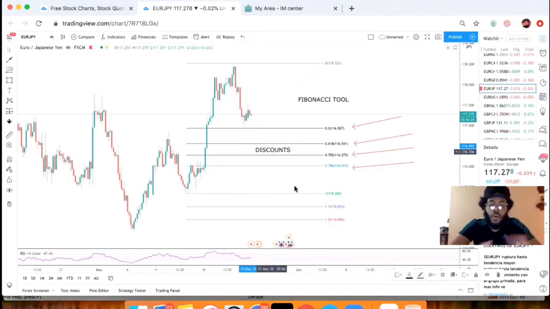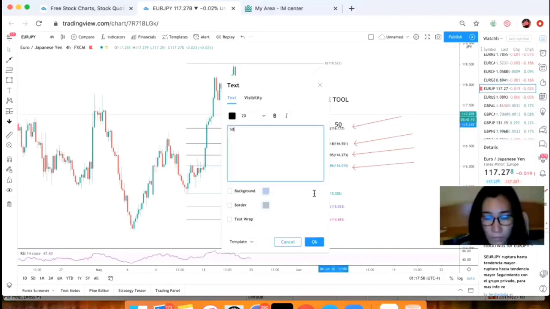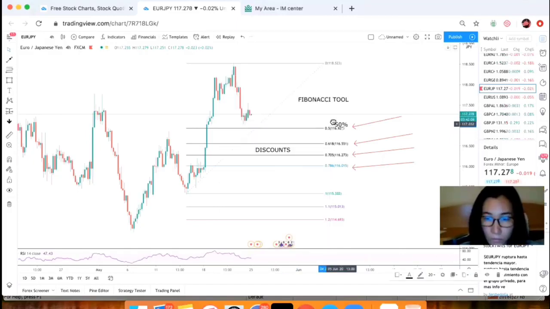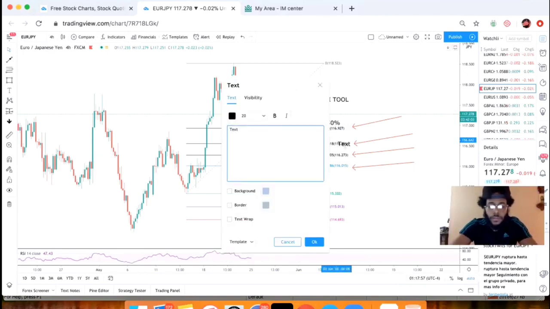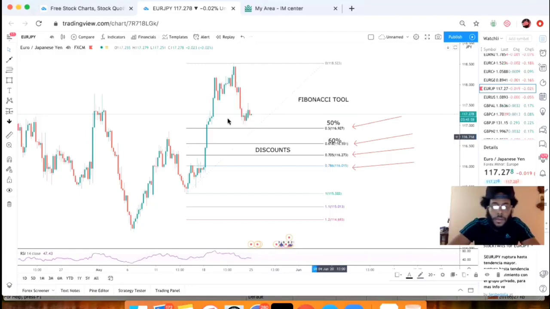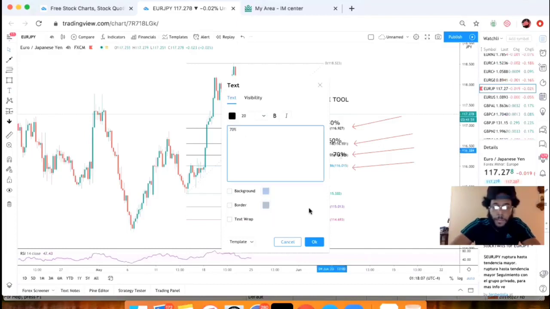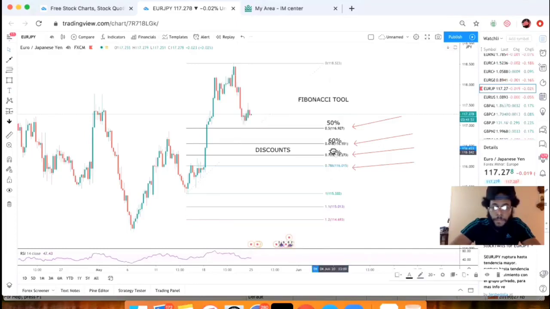If you go to the mall and you see a pair of shoes and you like those shoes, and you go to one store and it's 50% off. This one here would be 60% off. This one here would be 70% off. And this one would be just about 80% off.